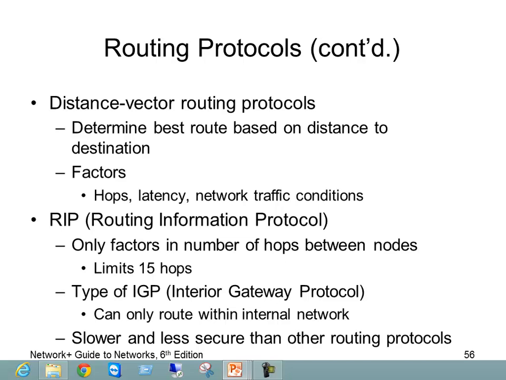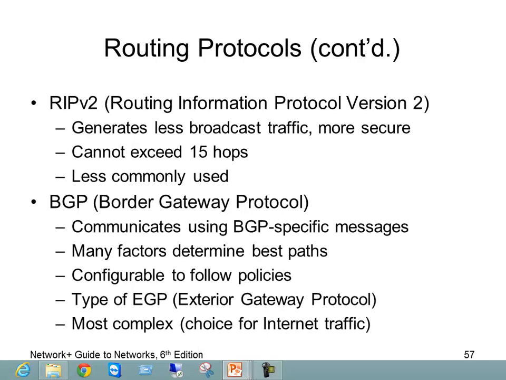RIP is a type of what's called an interior gateway protocol. It's good to use inside of a local small network. It is slower and less secure than some of the other protocols, though. RIP2, pardon me, is the new version of RIP. It generates less broadcast traffic, so it's a little more secure, but it still cannot exceed 15 hops.